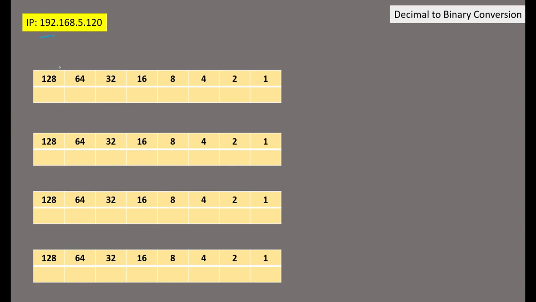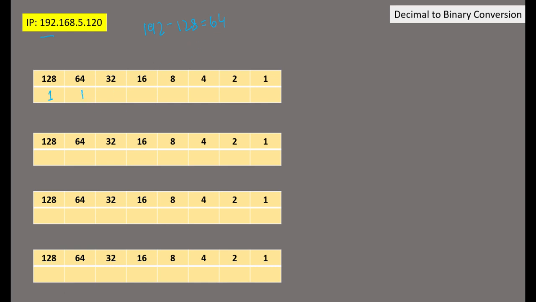So let's convert 192. 192 is the first octet. So is 192 greater than 128? Yes. So we will write 1 here. We will turn this bit on. And now if I subtract 192 minus 128, I will get 64. So the next bit is 64.